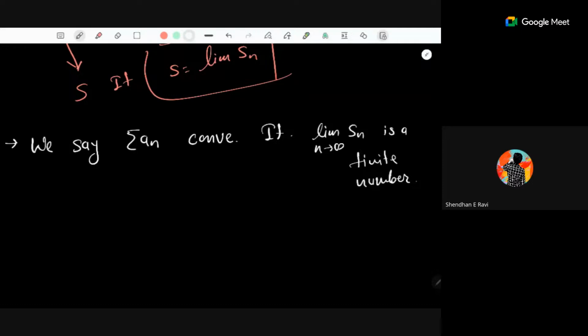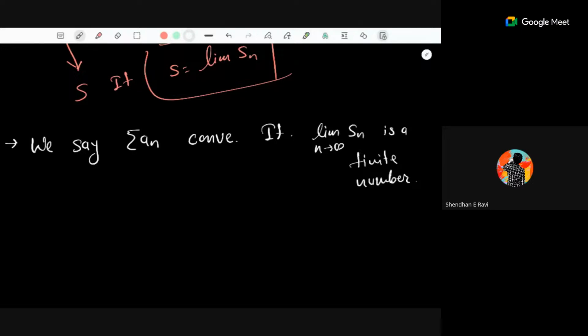So a series is convergent means it converges to a finite number, which means the limit of its partial sum sequence is a finite number. This is the meaning of convergence of a series. Now we have three particular tests using which we can judge whether a series is convergent or not.